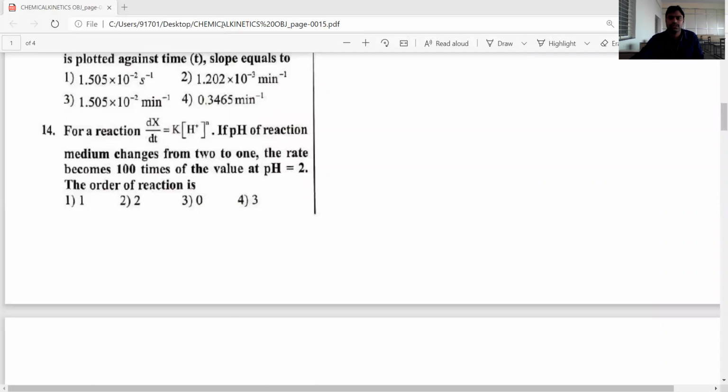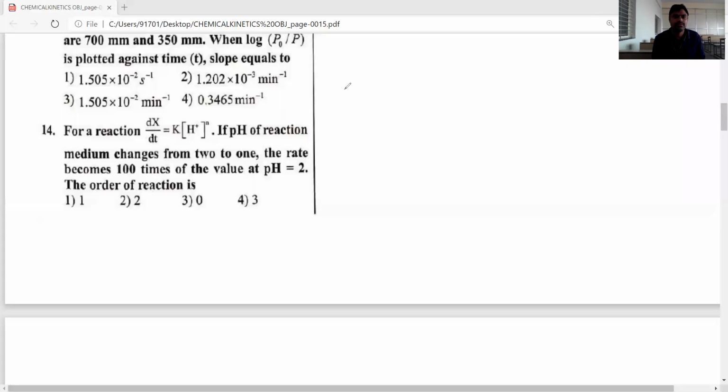Let's see the 14th question. The rate is k into the concentration of H plus ions whole to the power of n. See here, the pH changes from 2 to 1, then the rate becomes 100 times. R1 is equal to k into the concentration of H plus ions whole to the power of n.